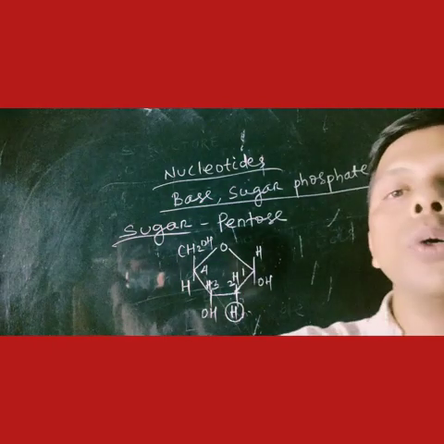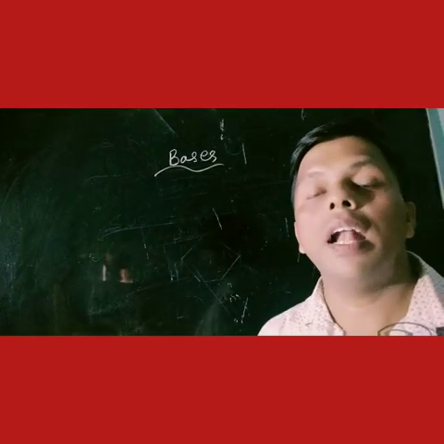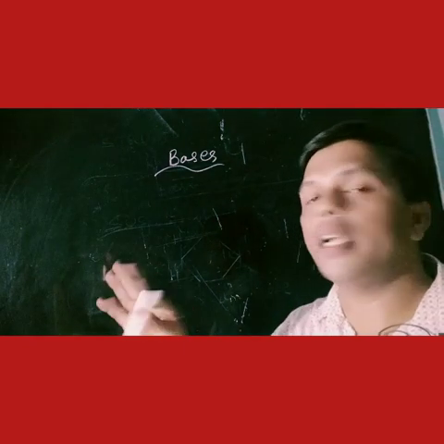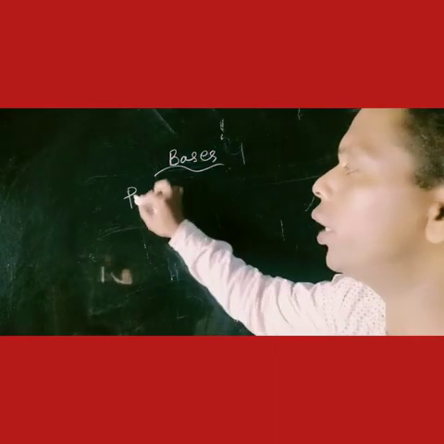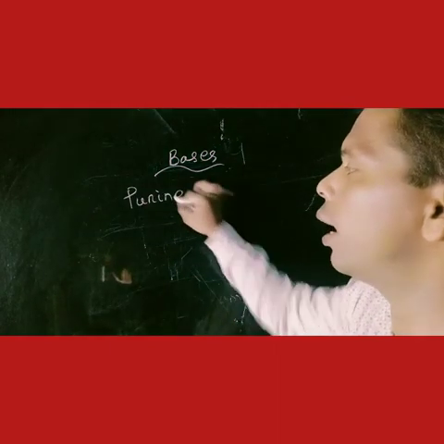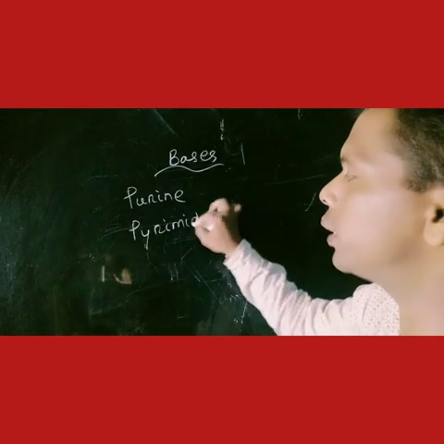Then come to the bases. These bases are nitrogenous bases, divided into two groups: purine and pyrimidine bases.